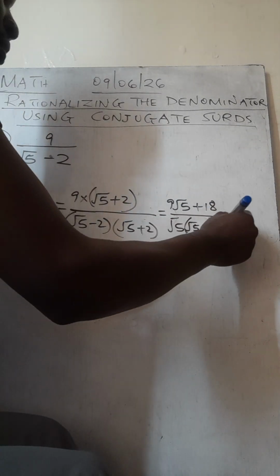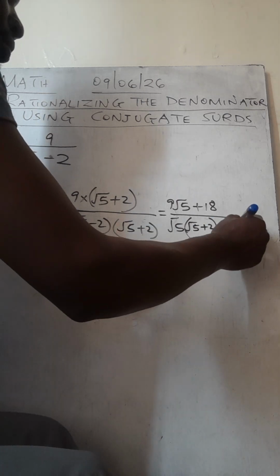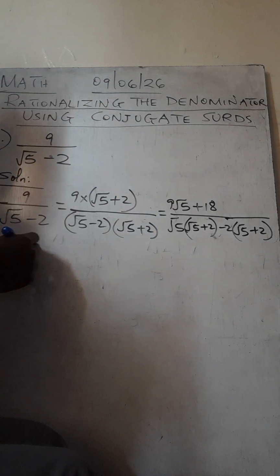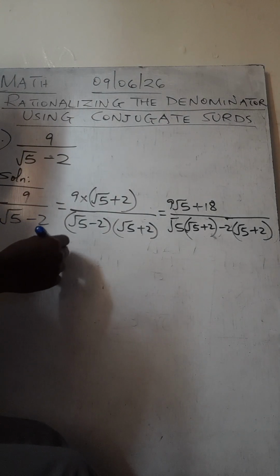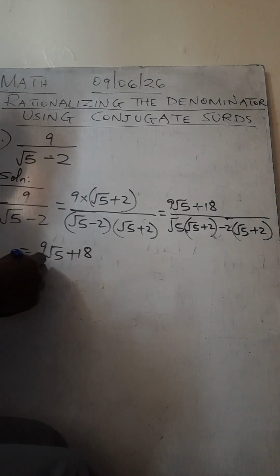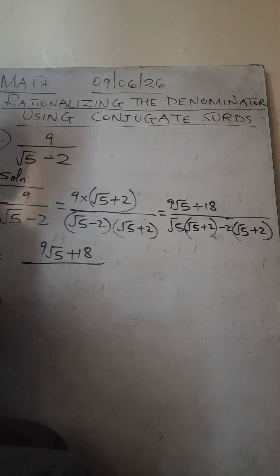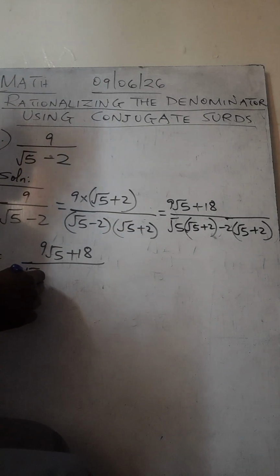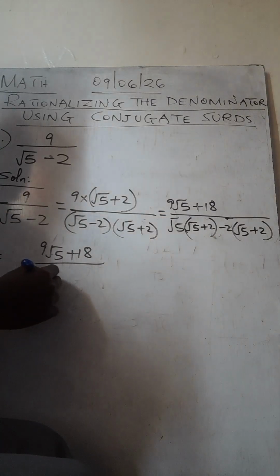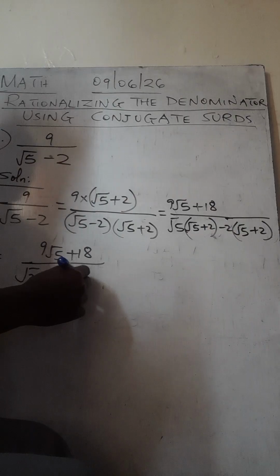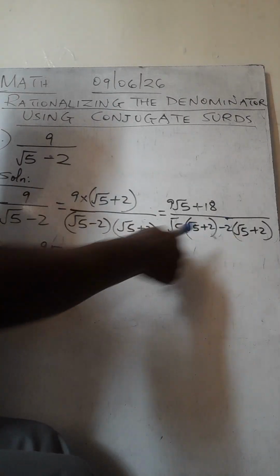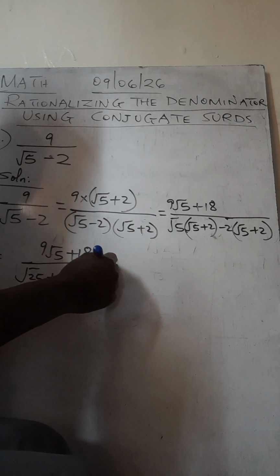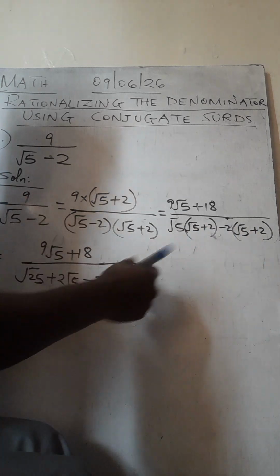Then minus 2 times this bracket again. So 9 root 5 plus 18 over, 5 times 5 under the root gives root 25. Root 5 times 2 is 2 root 5. Minus 2 times root 5 is 2 root 5. Negative 2 times positive 2 is negative 4.